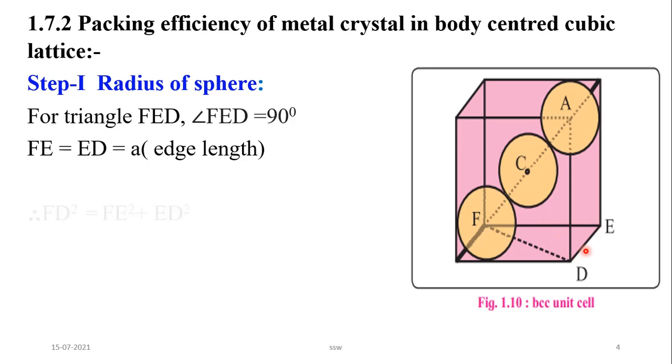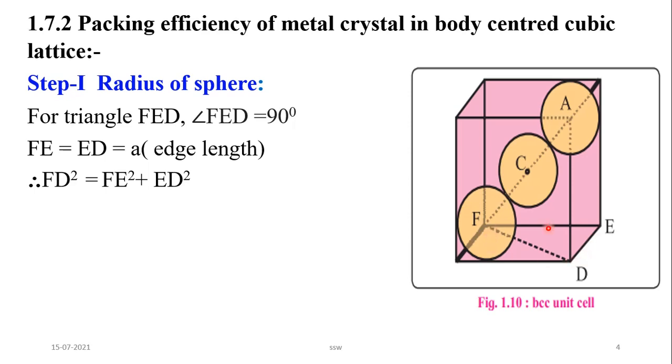Therefore the FD, this hypotenuse of the triangle FED, according to the Pythagoras theorem, FD square is equal to FE square plus ED square.